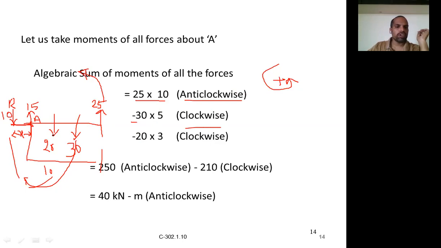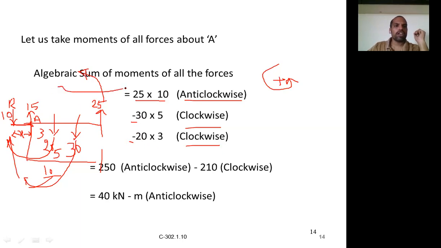The other force is 20 kilonewtons. Again, about this point it is creating a clockwise moment, so it is again minus. The distances are 3, 5 and 10. So 25 into 10, minus 30 into 5, minus 20 into 3.